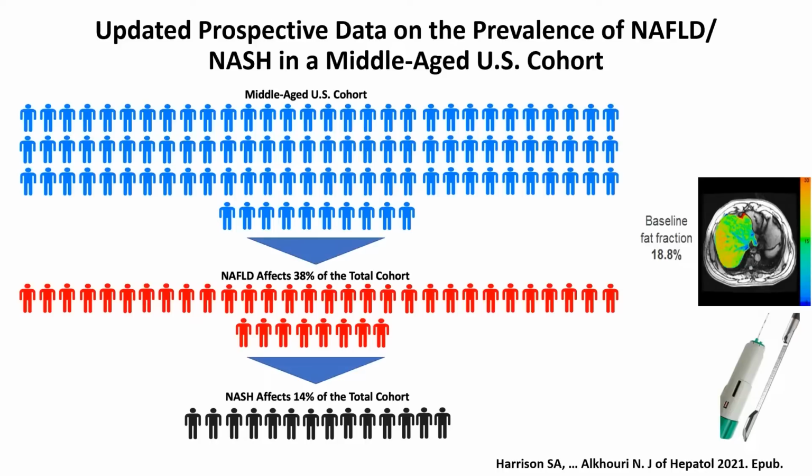So these were individuals without any known history of fatty liver disease or viral hepatitis, no excessive alcohol consumption, and no known history of chronic liver disease. Again, they came for screening colonoscopy, and we offered them a state-of-the-art MRI PDFF to quantify liver fat. If they had 5% or more fat on the MRI, we classified them as having NAFLD, and then we offered them a liver biopsy to diagnose NASH and the stage of fibrosis.